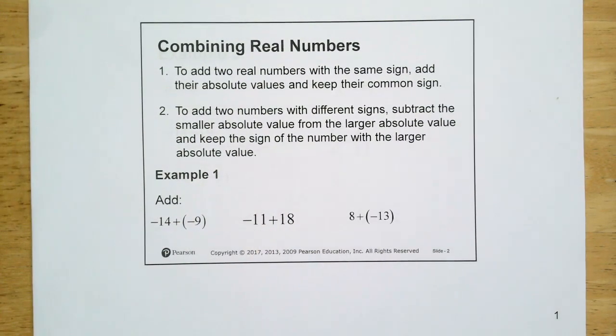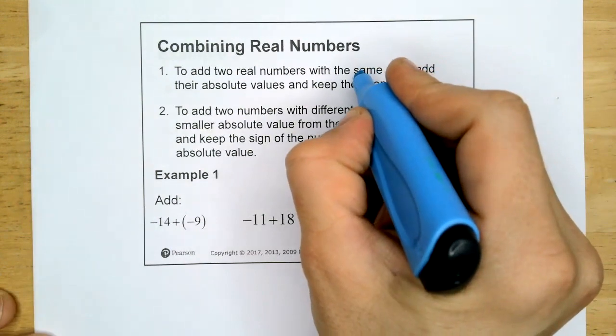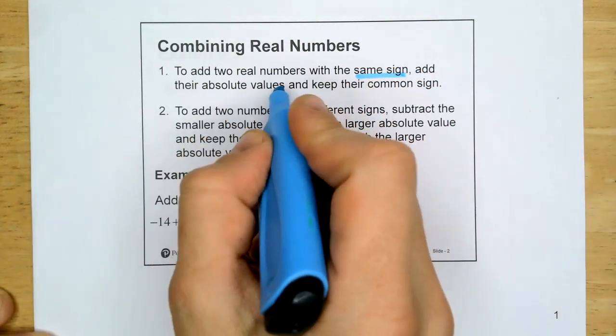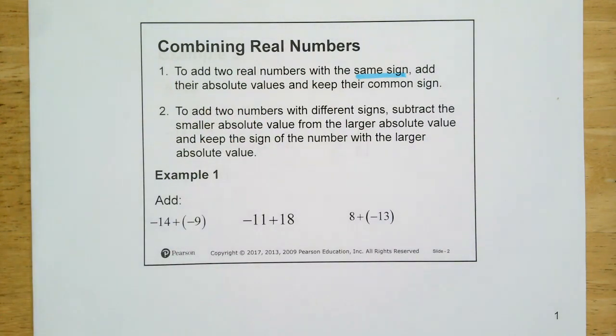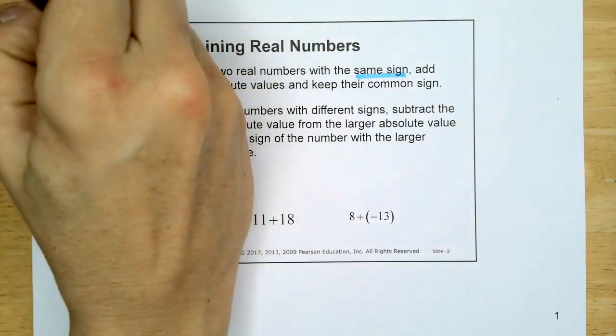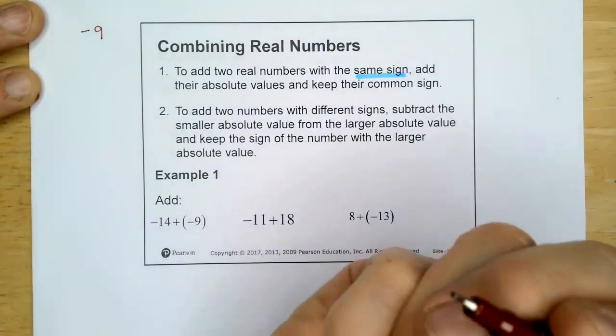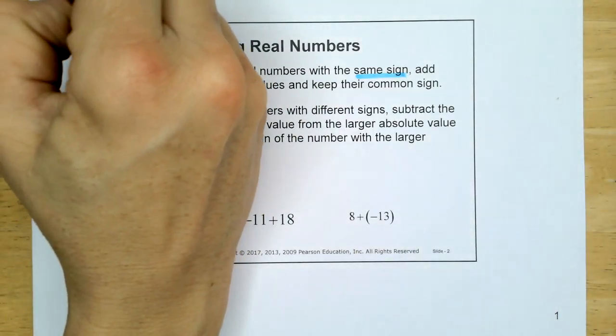So to combine, when you hear combine, think of add, okay? If the numbers you are adding have the same sign, add the absolute value. So remember, an absolute value is just the number without the sign. So the absolute value of -9 is going to be 9.